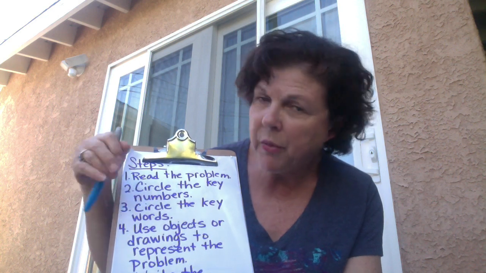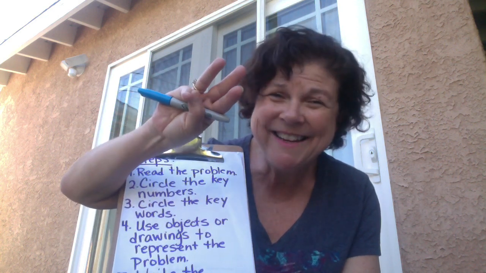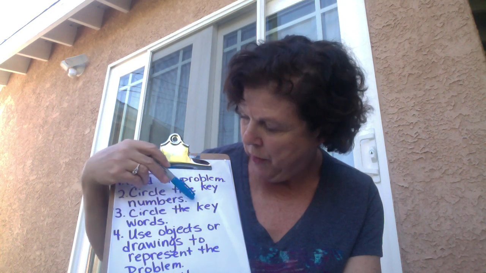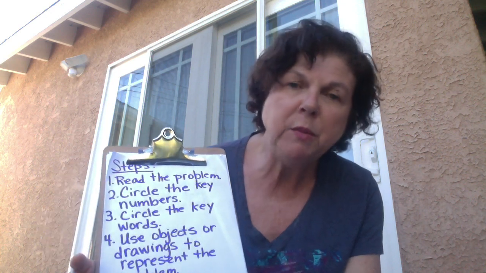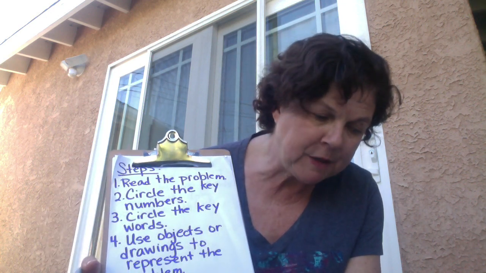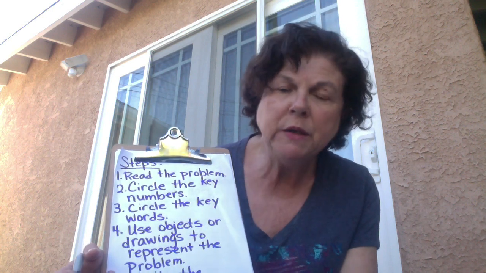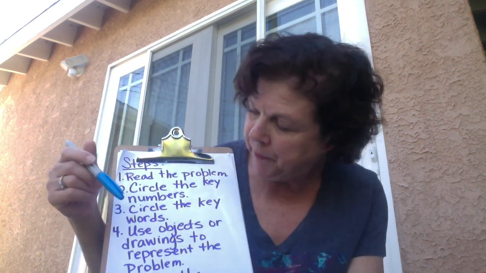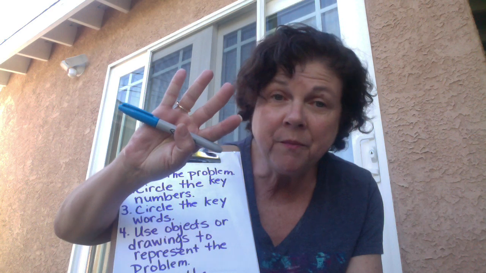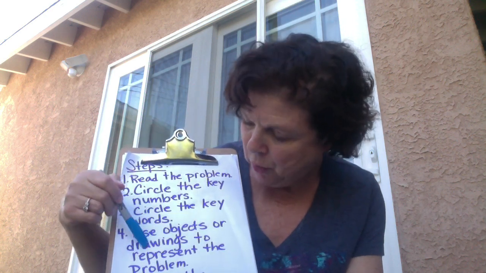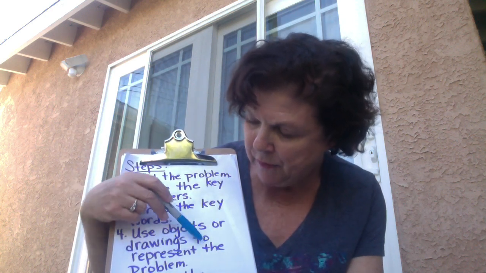And then number 3, circle the key words. Those would be, if you see something like the word left or take away, then you would circle that or highlight it. Number 4, use objects or drawings to represent the problem.